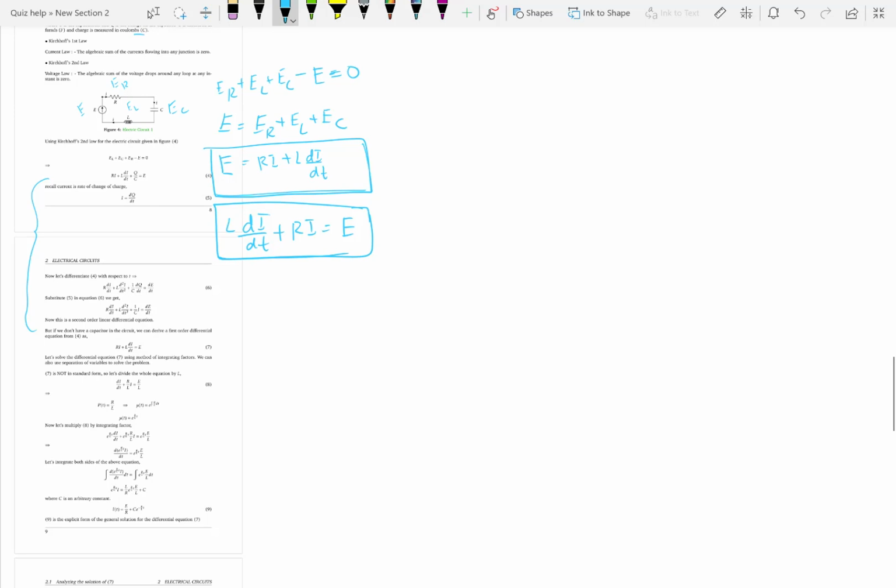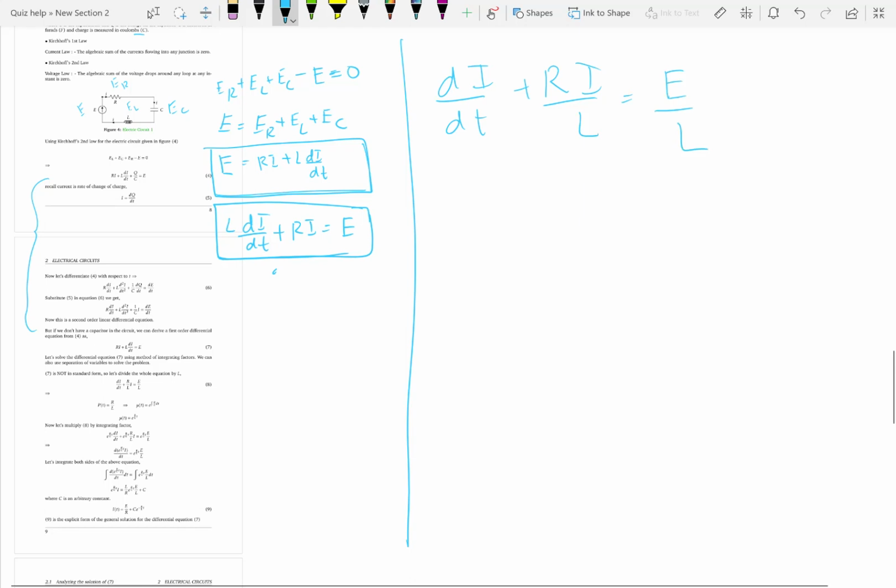We can write it in standard form by dividing by L. So di over dt plus R I over L is equal to E over L. Now let's use the integrating factor method to solve this. So what we can do is find the integrating factor.